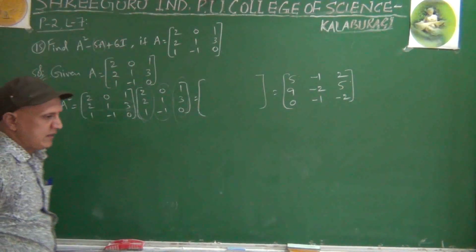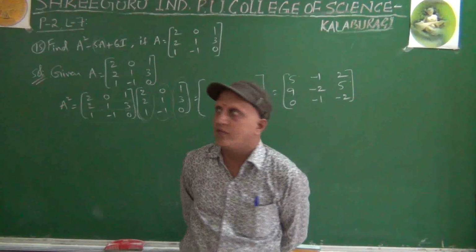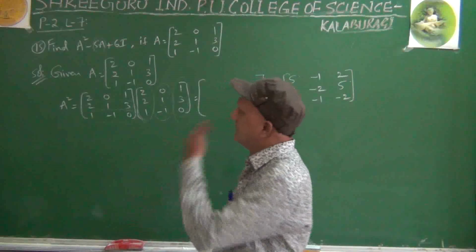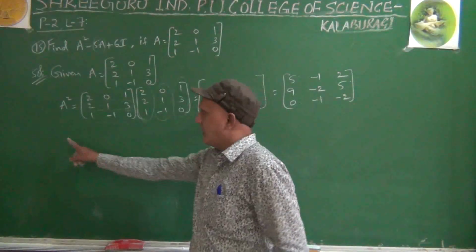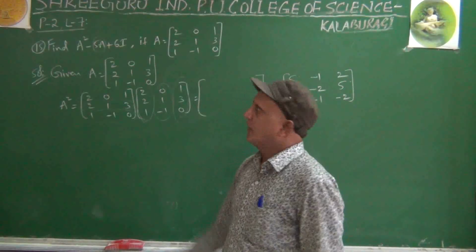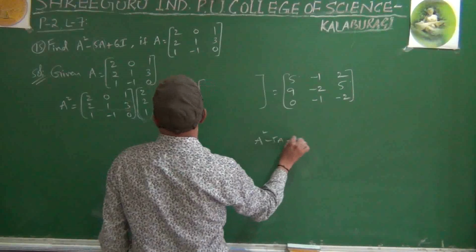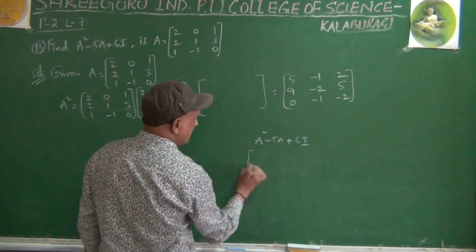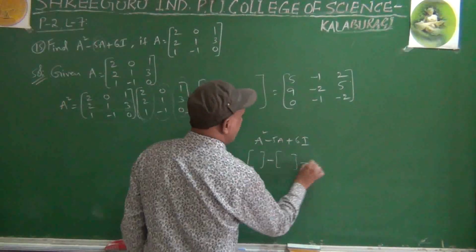Now find out 5A. This is very dangerous. Why is it so dangerous? People are going to find out minus 5A at this place, and they will write again A square minus 5A plus 6I. A square value is here, minus they will keep as it is, and 5A they will write here.